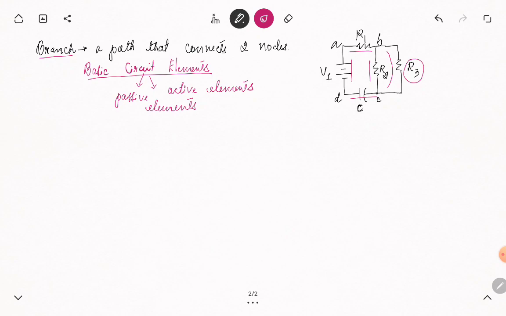And when we say active elements, they are capable of generating electrical energy.